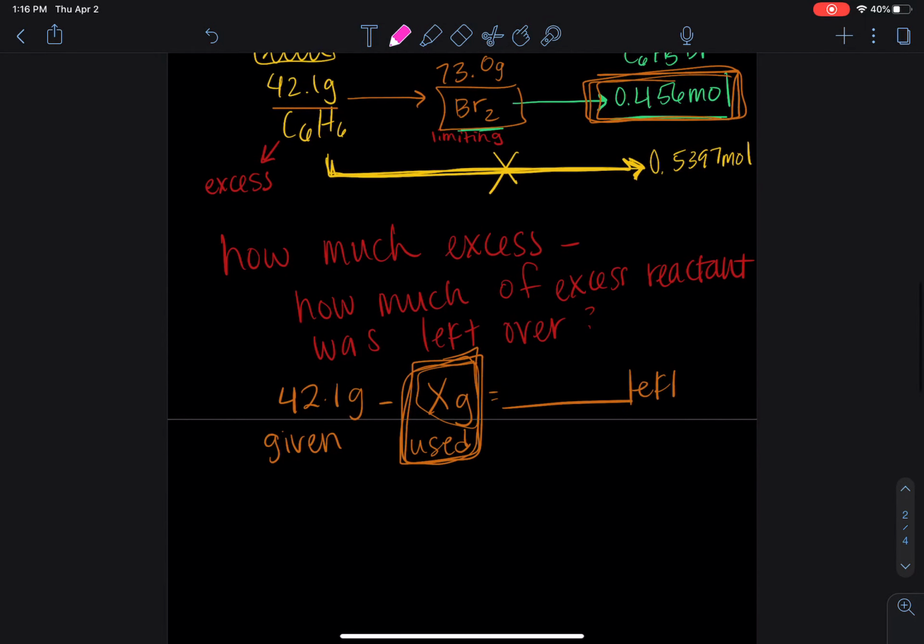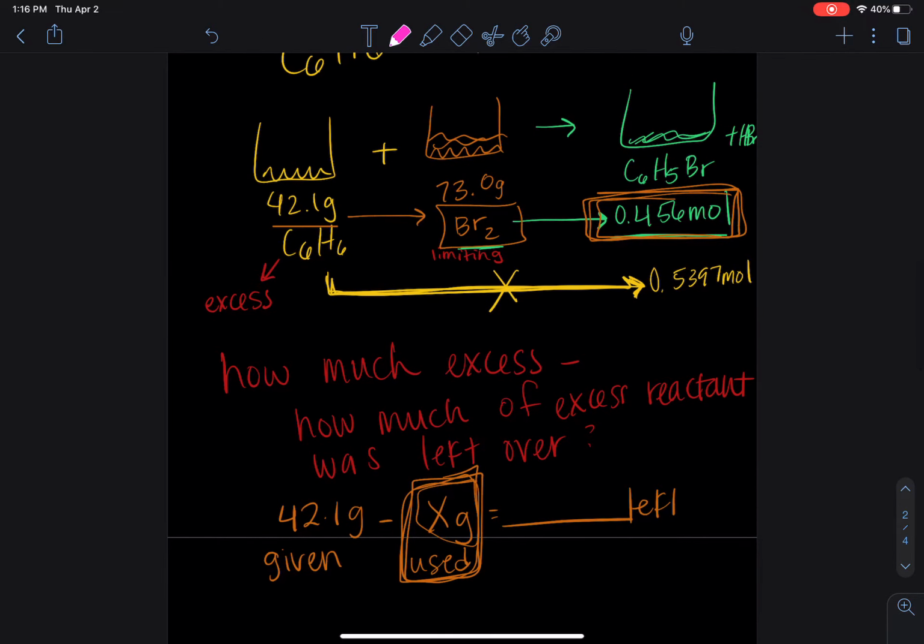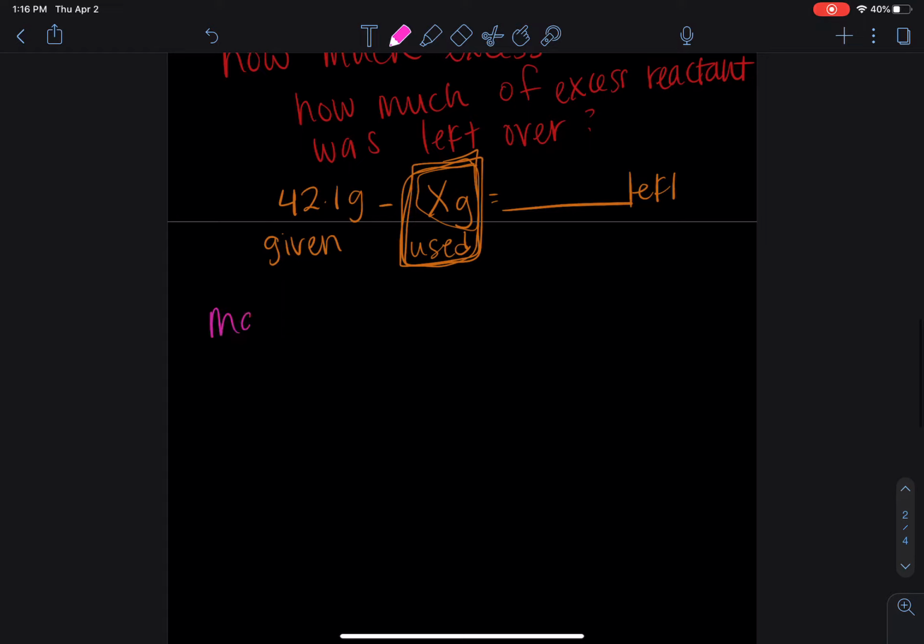When we're doing this, we are going to be kind of backtracking. So we know from our reaction that we used enough benzene and all of this bromine to make 0.456 moles of the product. So we made 0.456 moles of C6H5Br, okay?